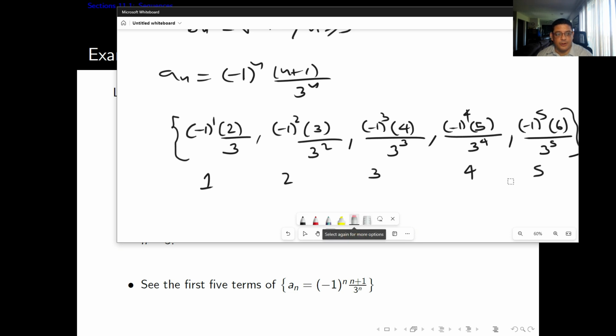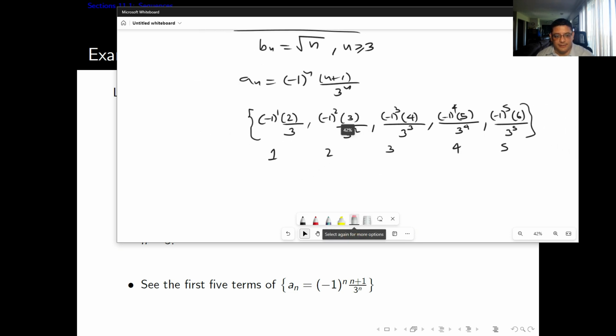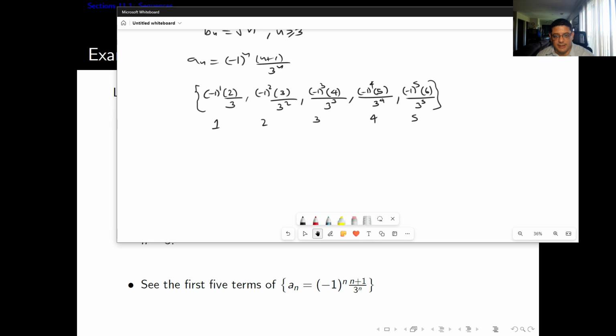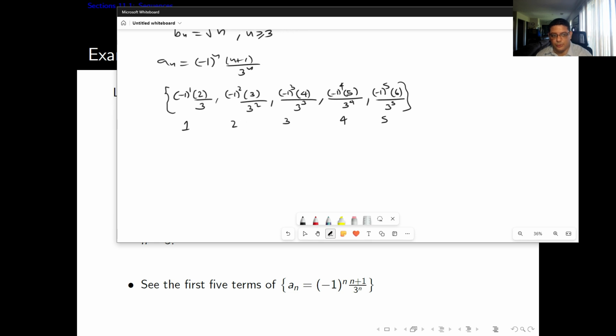Of course, we can simplify this a bit and actually find out what those numbers are going to be. (-1)^1 is just minus 1, so this one is minus 2/3. Here we could cancel out one of the 3's, but I'm going to leave it this way. This will be 3 over 3 squared, or 3 over 9. Let me leave it as 3 squared.